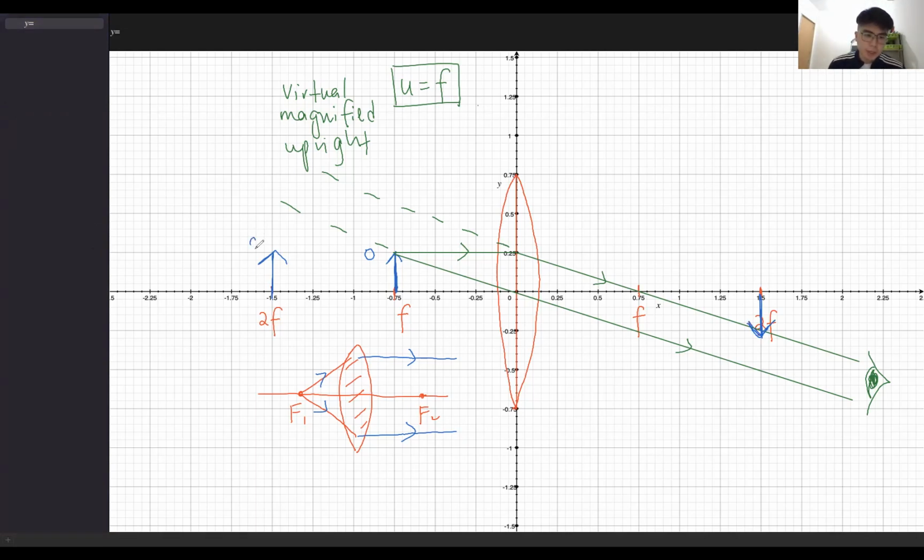So this is the object and this is the image. If you place the object at 2F, then the image would be formed on 2F also. And they are the same size. Ah, yeah, the rest is good. Okay, the rest you send me when you finish. If you want me to check, then send it to me. I'll give it back to you.